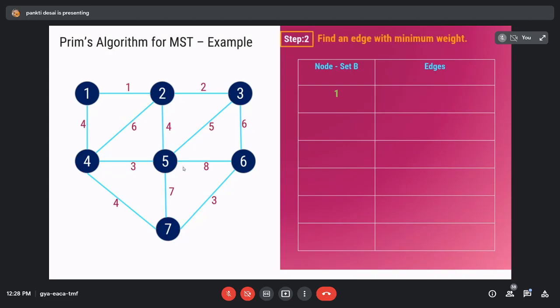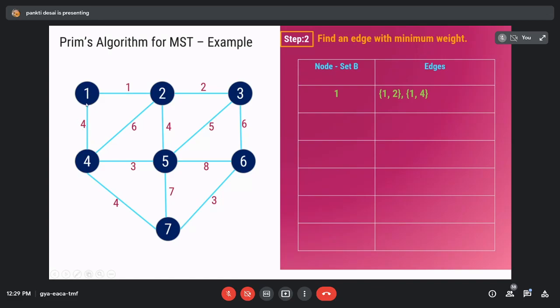Then find an edge with minimum weight which is adjacent to 1. There are two edges adjacent to 1: one is 1 comma 2 and the second is 1 comma 4, right?